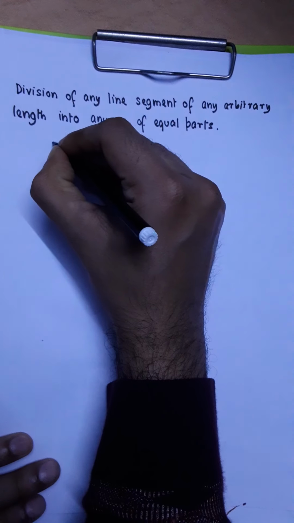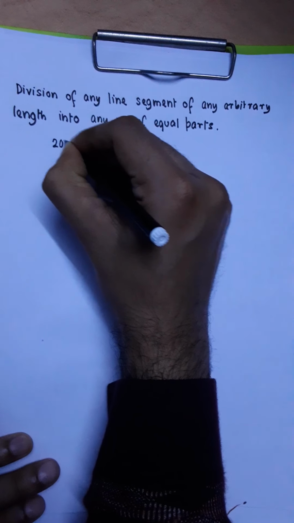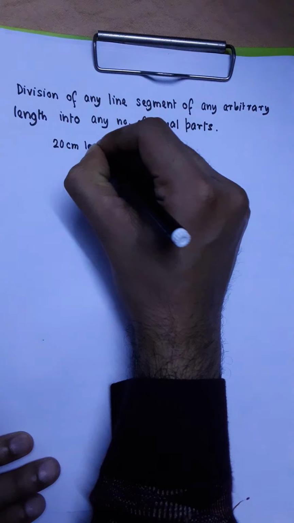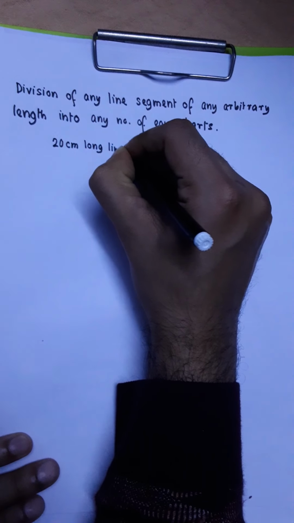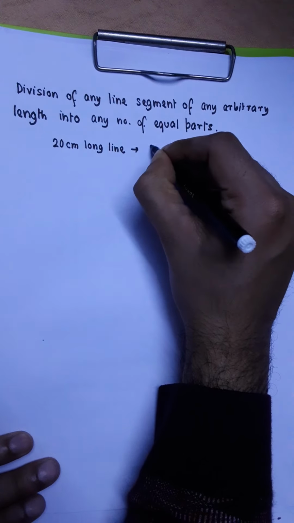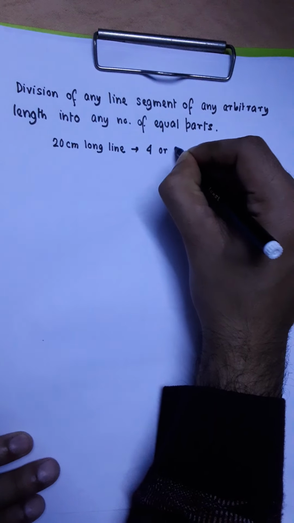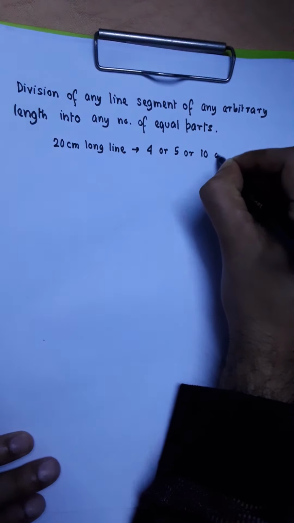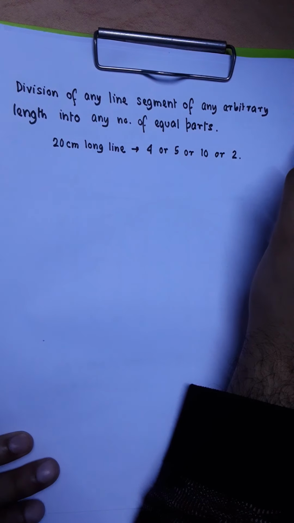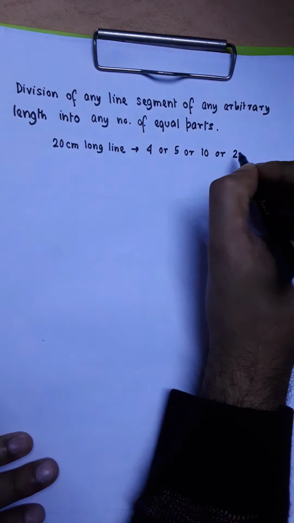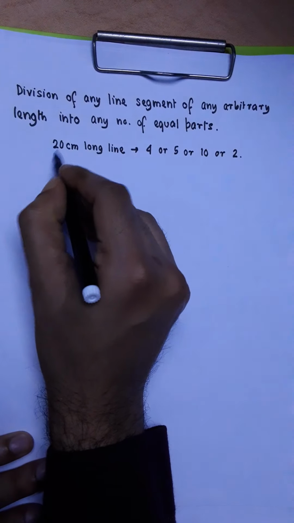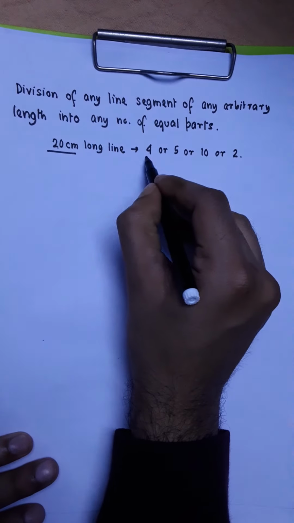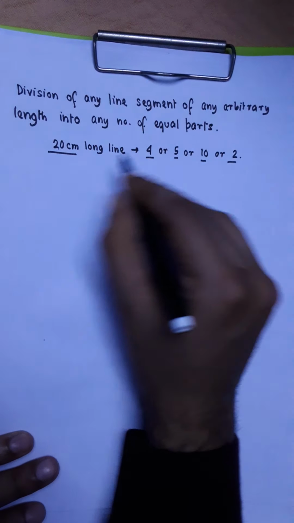For example, if there is a 20 centimeter long line and you have to divide it into 4 equal parts or 5 equal parts or 10 equal parts or say 2 equal parts, you can carry out each of these exercises by using your ruler, because this 20 centimeter length is an exact multiple of all these numbers.